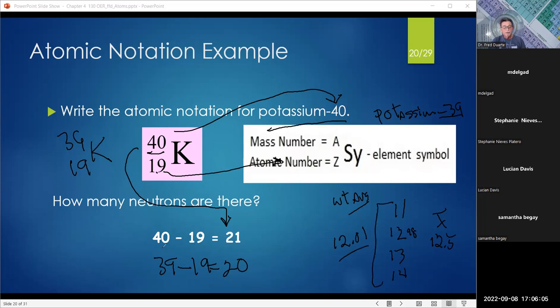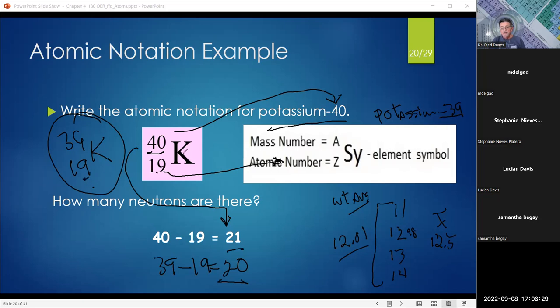Now, you asked the question, why is there 21? Well, simply because it has an extra neutron. Potassium 40 has an extra neutron relative to potassium 39. The most common potassium form is potassium 39. That has 20 neutrons, 19 protons, 19 electrons.